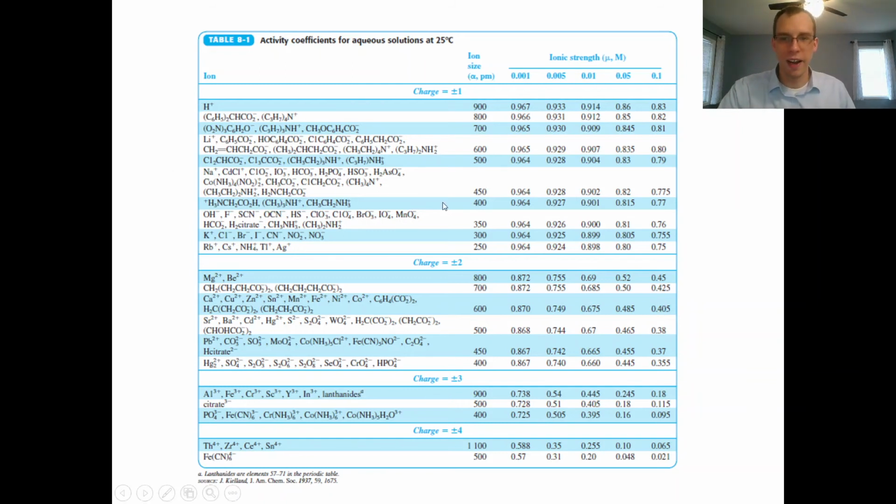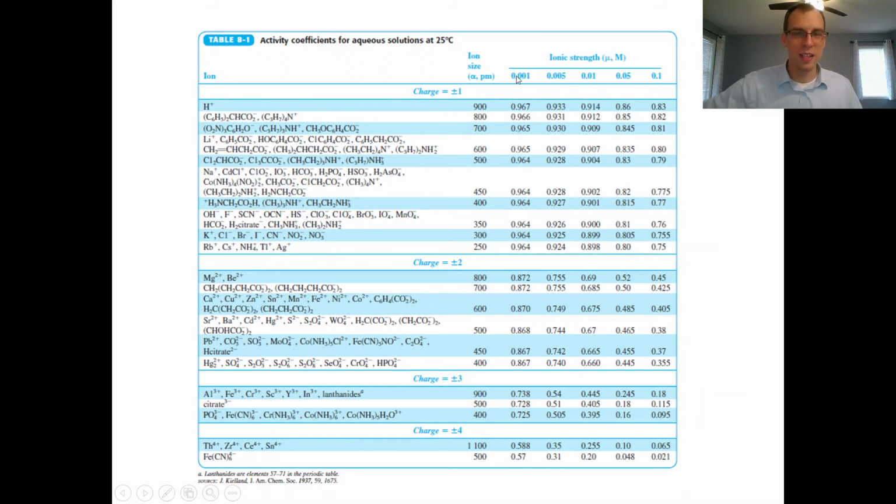We can see different ions have effective ion sizes, and this is why I put it in quotes. For example, H plus is the largest ion, which makes no sense because it's a proton. So this is sort of a fudge factor. Many of these other things are large ions, organic species, but this is an effective size.